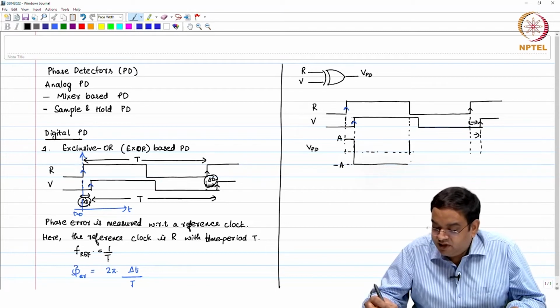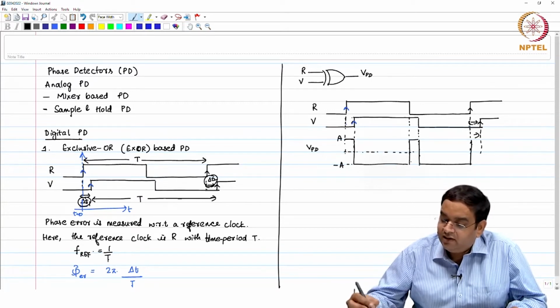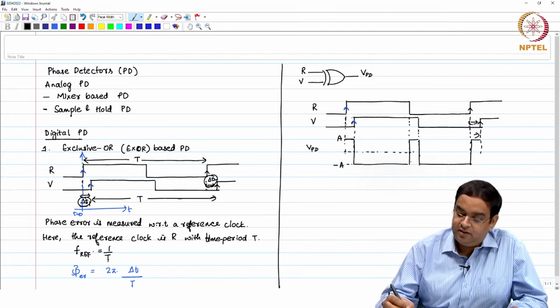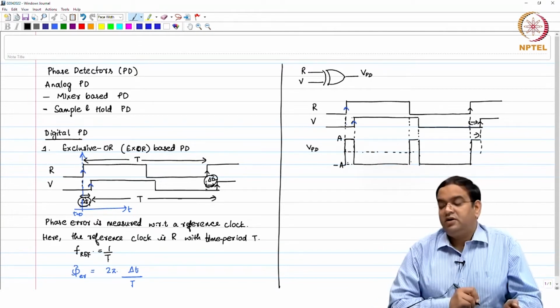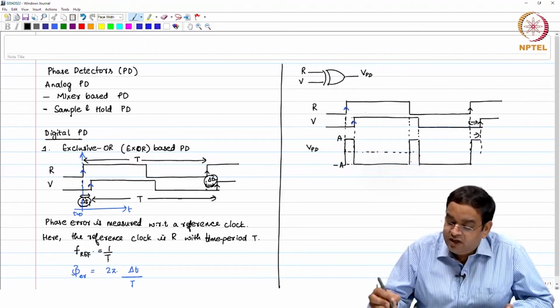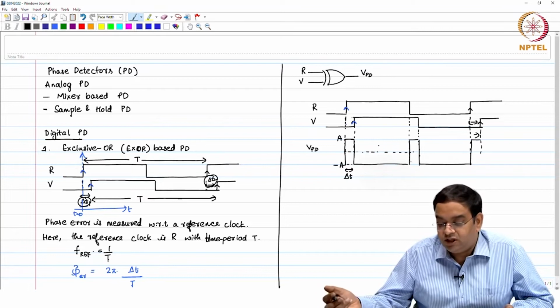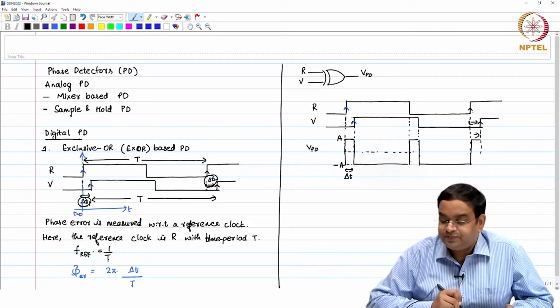Then you see that again there is a change of sign, change of output. So, this is A and then this is again going to be 0 here, and this will repeat if you are having the same frequency. Okay. So, interestingly, what you see here is if both R and V have the same frequency, then this delta t is going to be the same for all the clock periods.